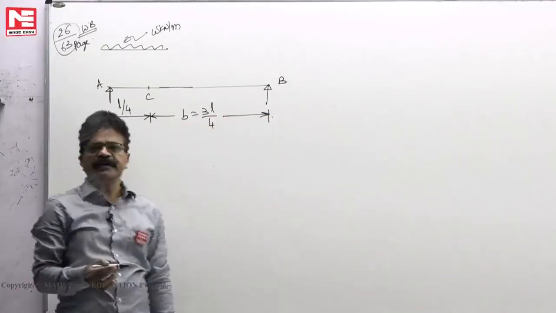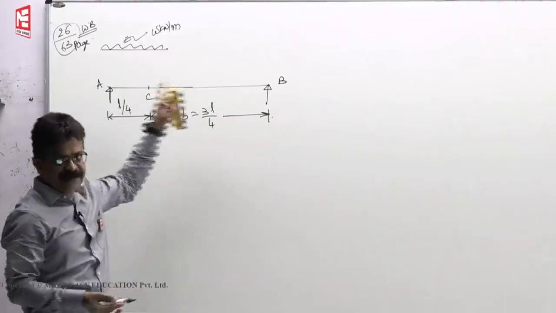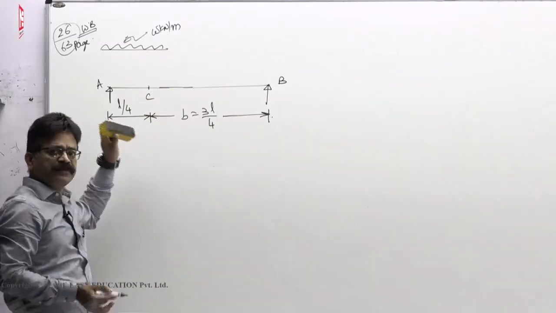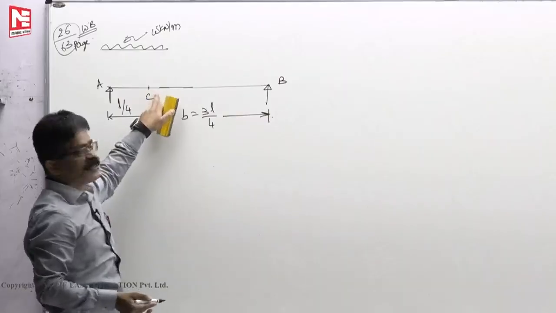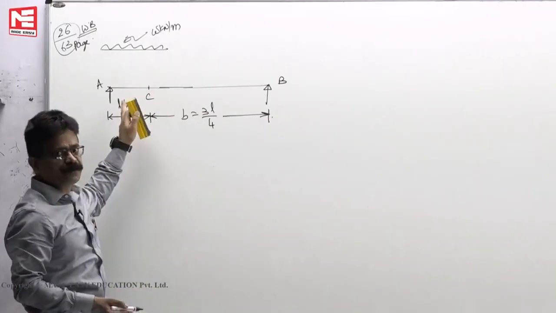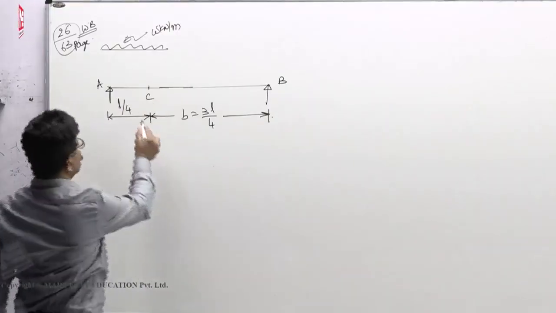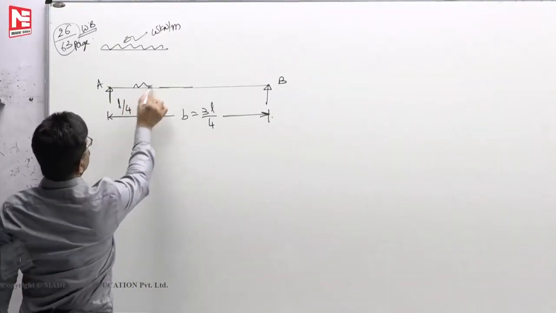Question is, a UDL shorter than the span is moving on a simply supported beam of span L. How much of that UDL should cross C, which is at a distance of L by 4 from left support, to get maximum bend moment at that point? Now you see how much it should cross.